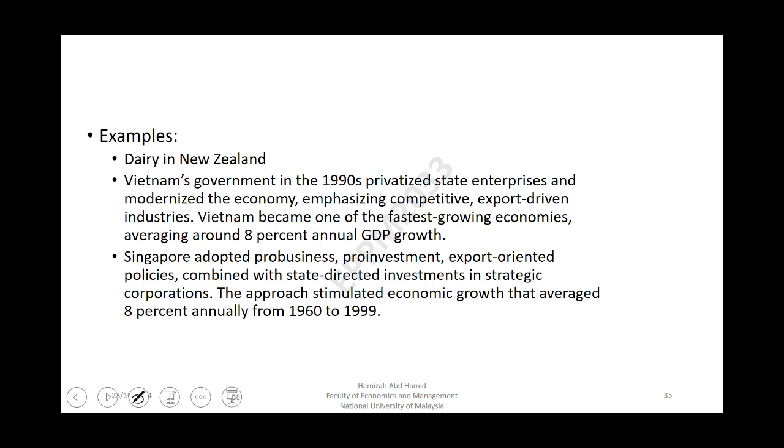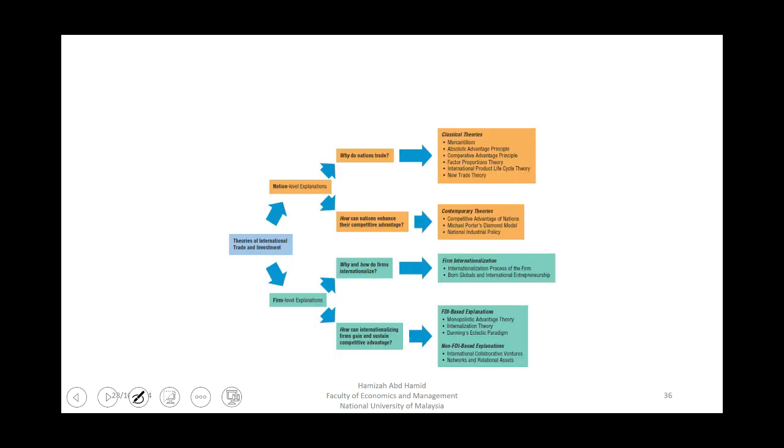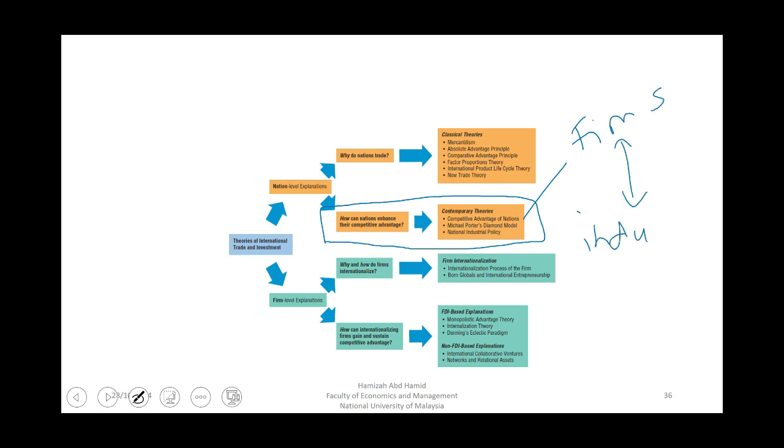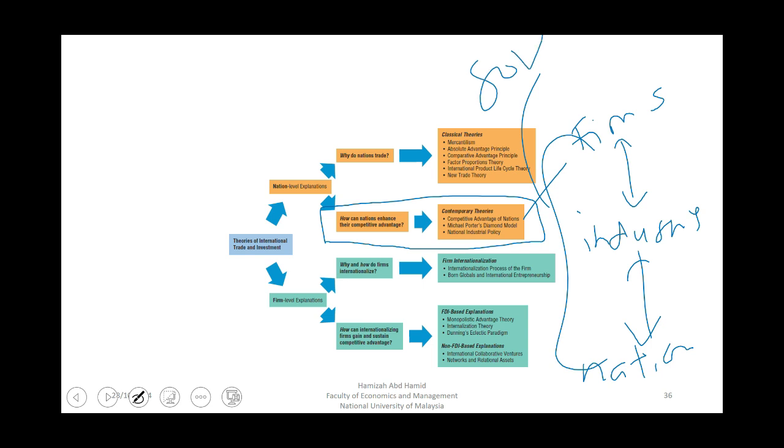All this stimulated economic growth for these countries. So, nations can enhance their competitive advantage by working together. Who works together? Firms that create industries and interacting with the nation. There's also a strong role of the government in this aspect.